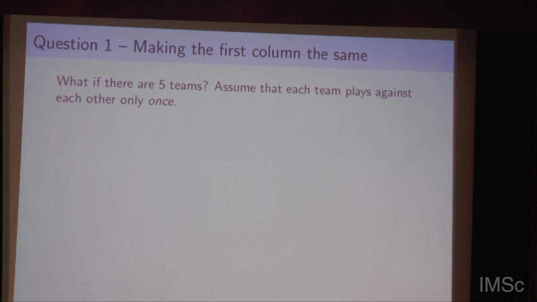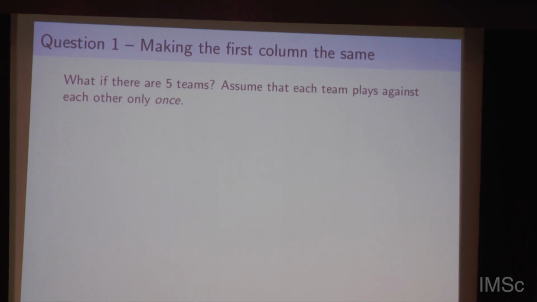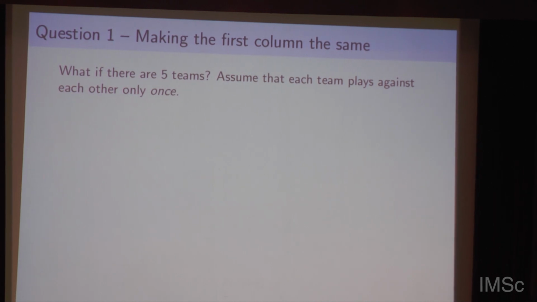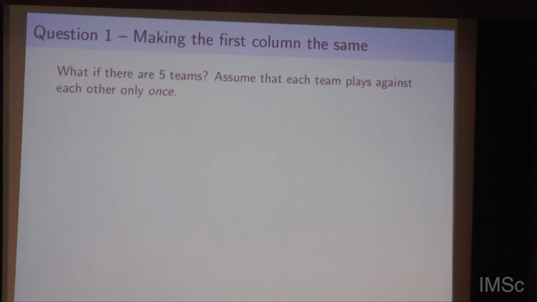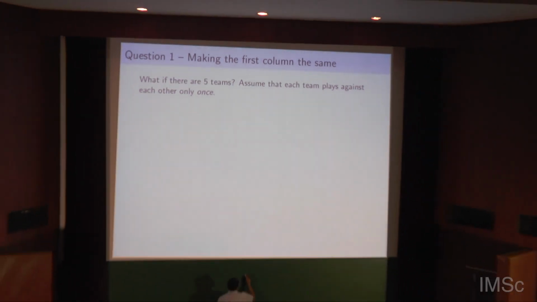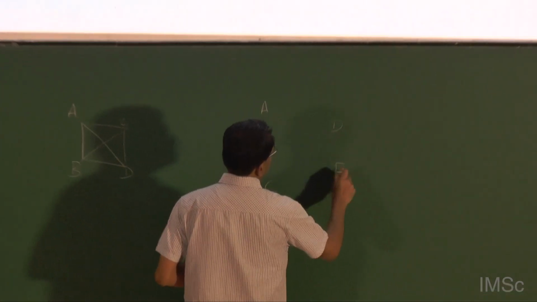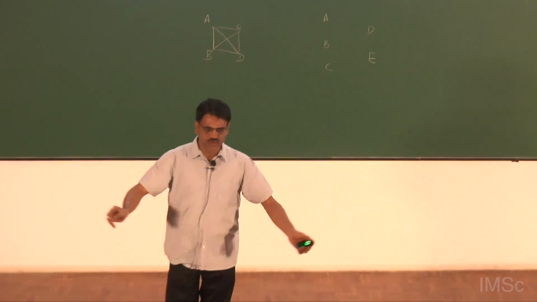So, for example, you can't synchronize to have everybody played exactly one match, right? But can you synchronize to have everybody played exactly 2 matches? Yes? How is that? So, A, B, C, D, E, okay. So, at the end of, everybody has played 2 matches.